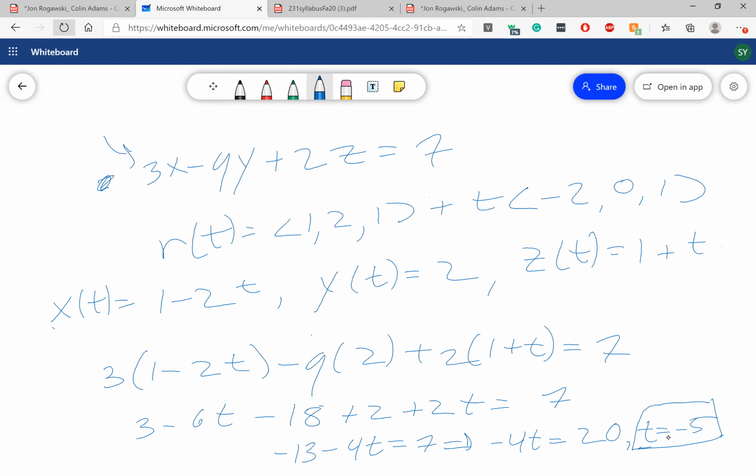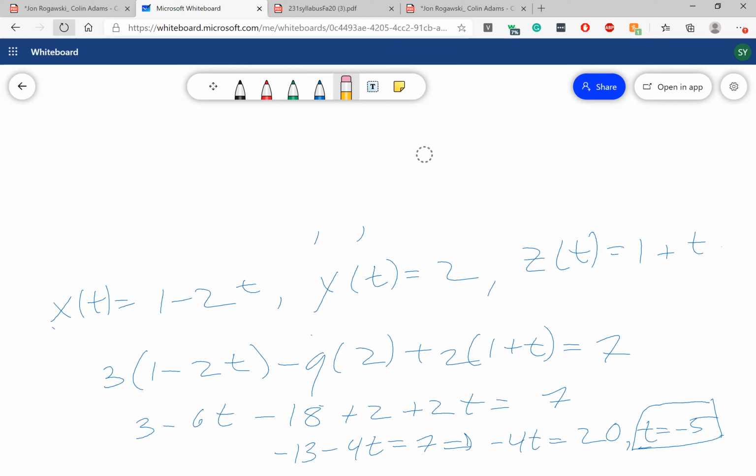Okay, so now that we know what t is, we can find our x, y, and z. In order to do that, we can just plug it in. So x of -5 is going to be equal to 1 minus 2 times -5, which is 11.